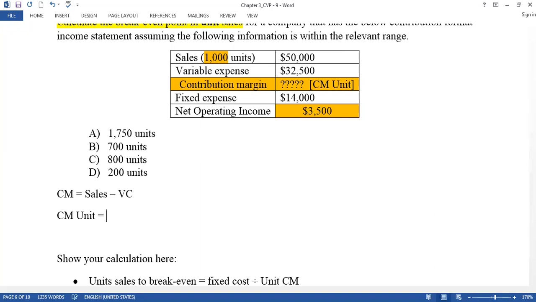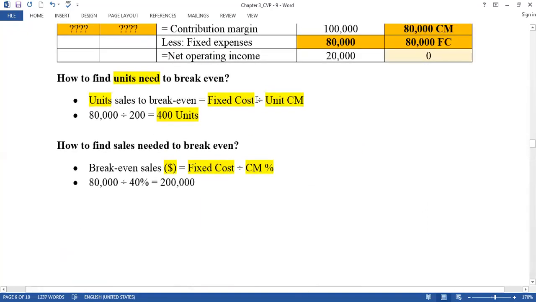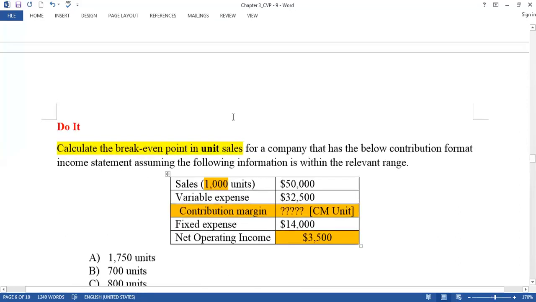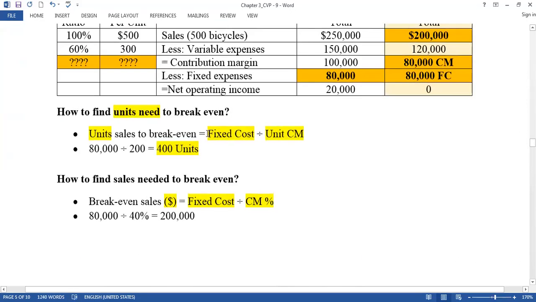How to do this? It is CM divided by quantity sold. Because the question gives us fixed cost, what was the formula? Can you remember? Formula is fixed cost divided by CM unit, right?